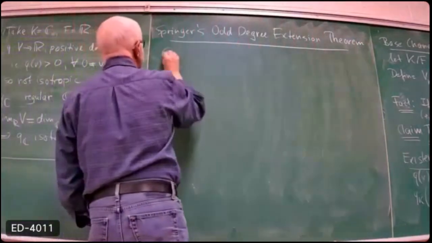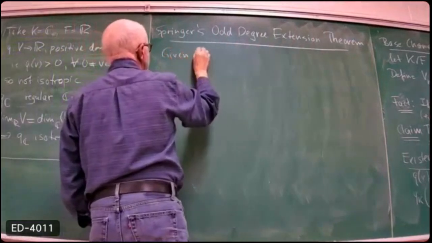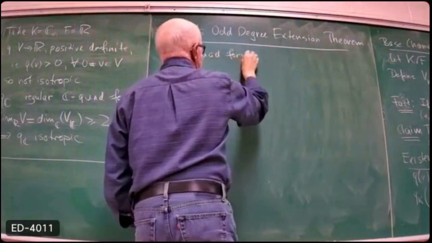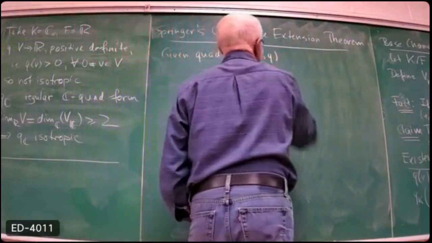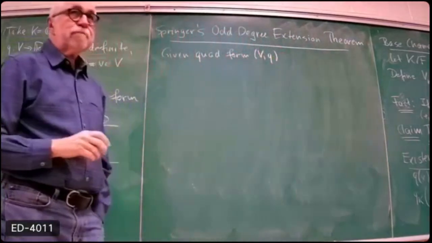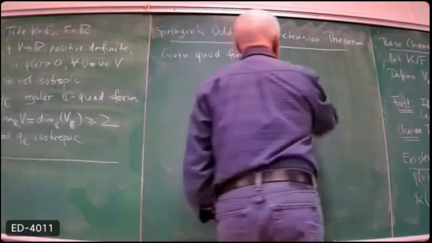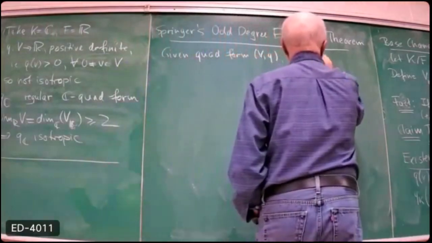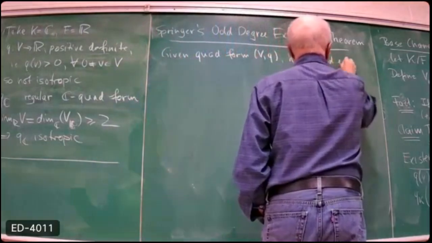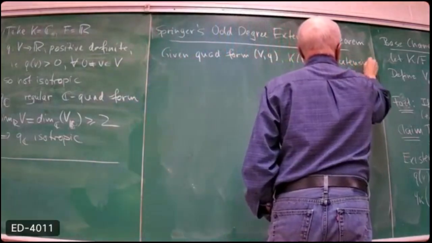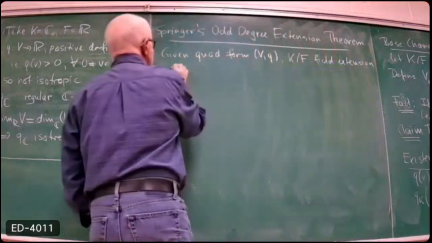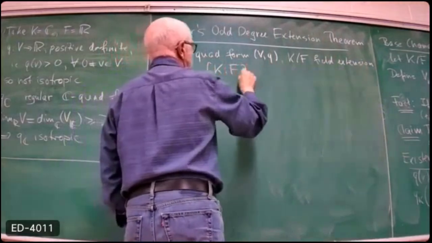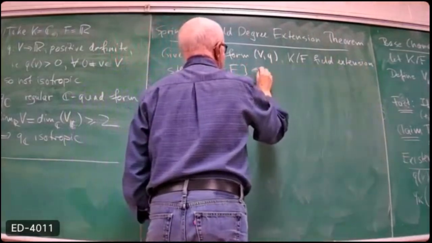It says the following: given a quadratic form Q, and a field extension K over F such that the degree of K over F is odd.